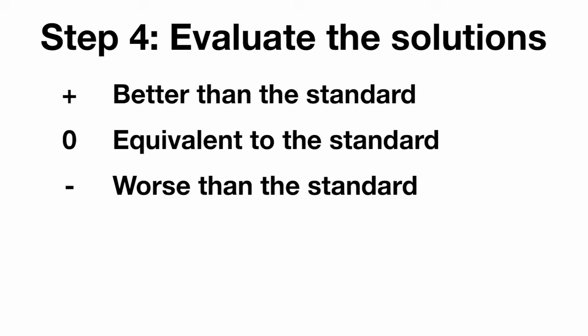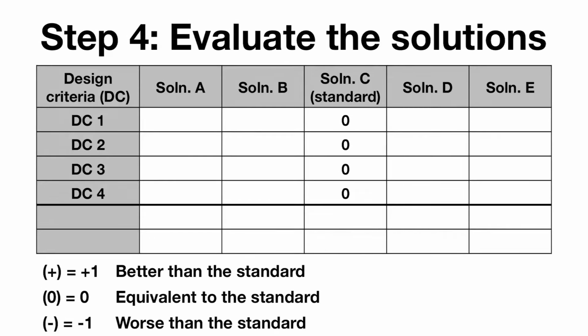So you'll move through adding zeros, pluses, or minuses row by row. In other words, you'll select a design criteria, moving through evaluating each solution and assigning it a plus, minus, or a 0. When you're finished with the design criteria, you'll then move on to the next, and you'll continue until the table is filled in.